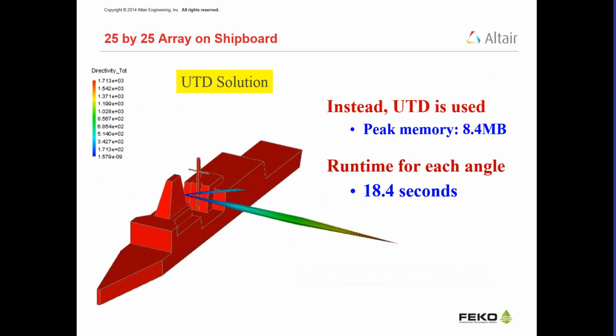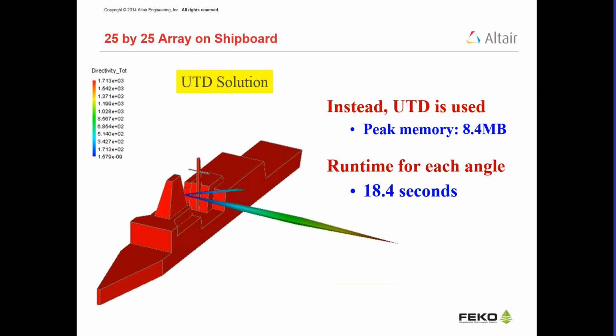So instead we used UTD, and as you can see, UTD only took 8.4 megabytes of memory, which is nothing in today's world, and a runtime of only 18.4 seconds per angle. That means each angle takes about 18 seconds to compute. So of course fewer angles take less time, and more angles take more time.